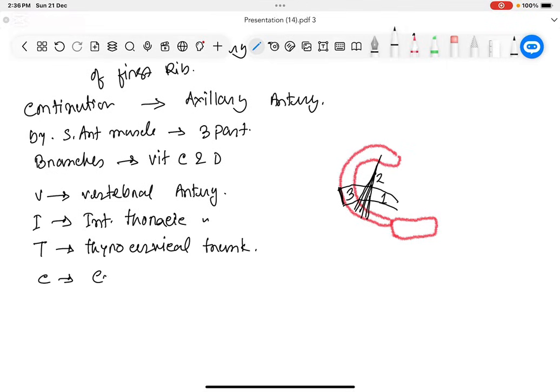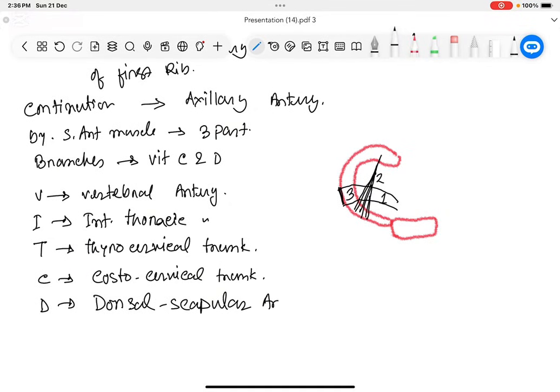Then C for costocervical trunk, and D for dorsal scapular artery. So these are the different branches. Among the first three, they are coming from the first part. Then the C, that means the middle one, is coming from the second part, and from the third part there is only one branch.